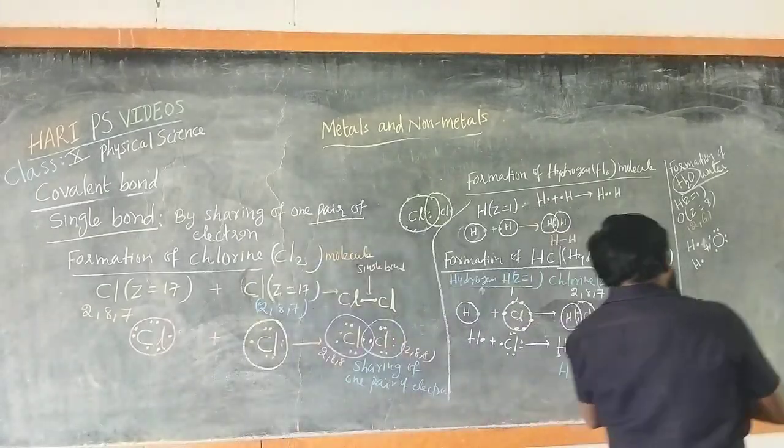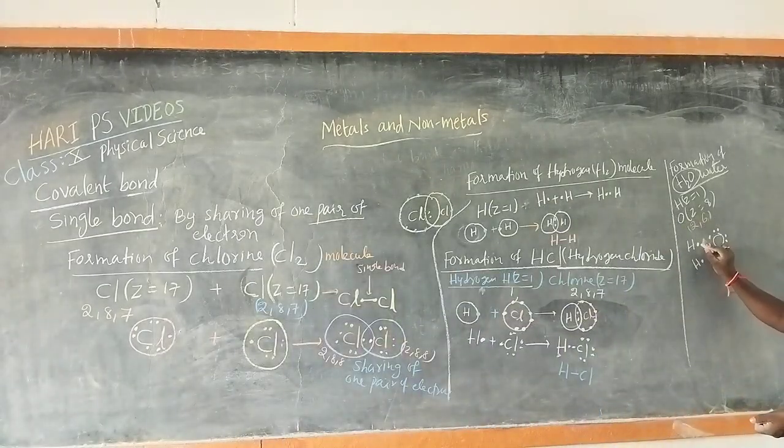Let's understand. This one electron of hydrogen and this one electron of oxygen are shared like this. Then the other hydrogen combines with them like this and forms the water molecule.